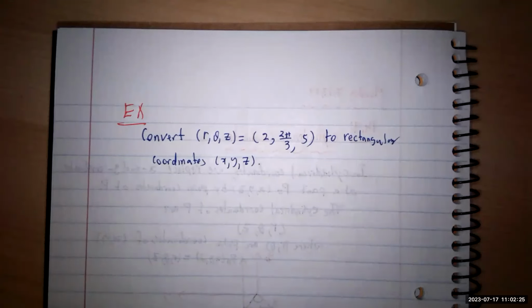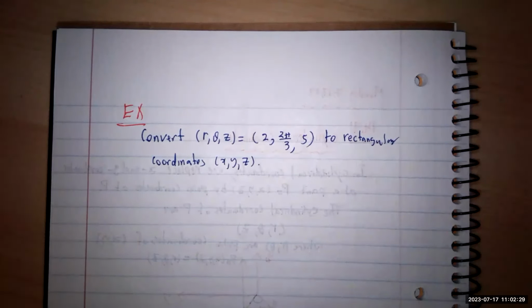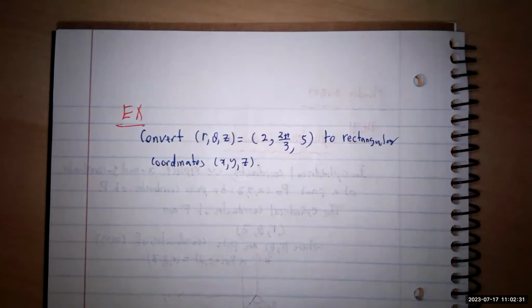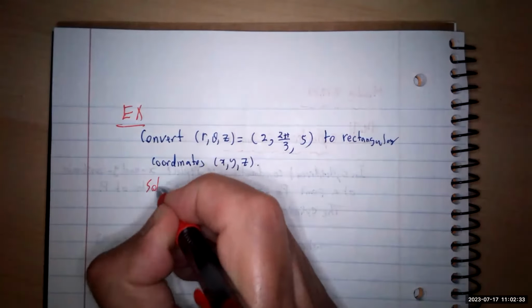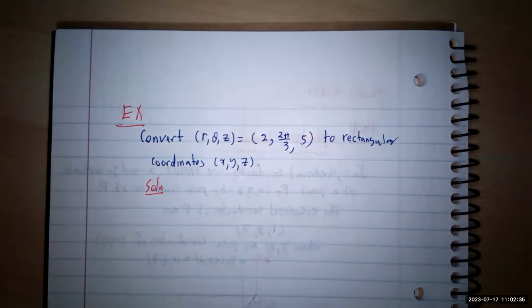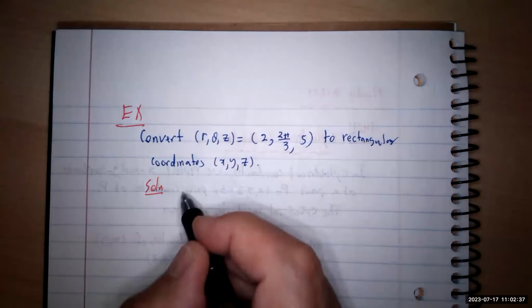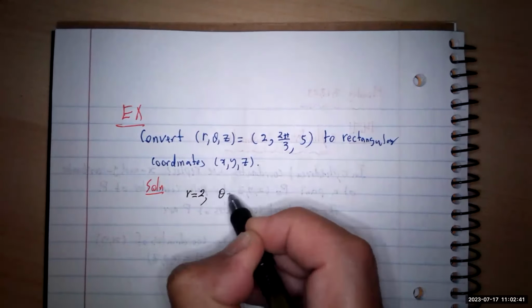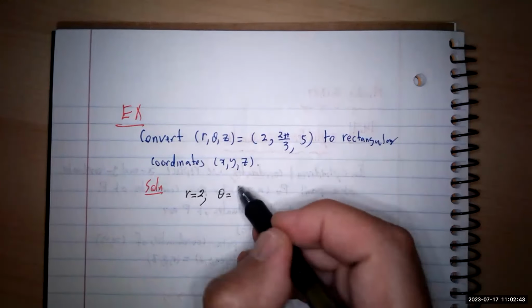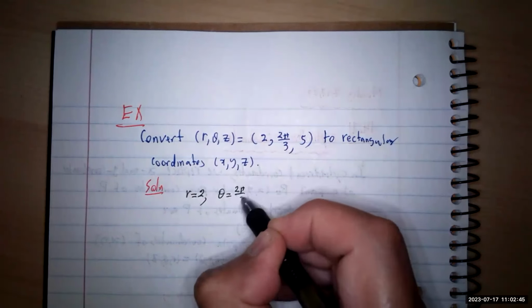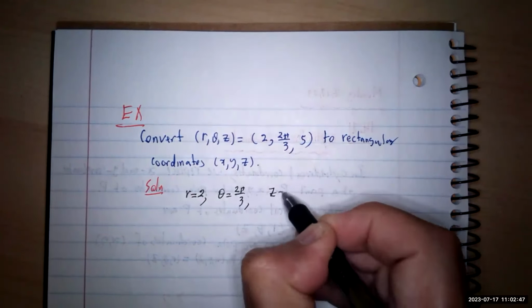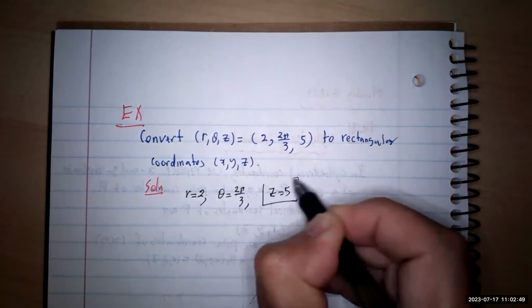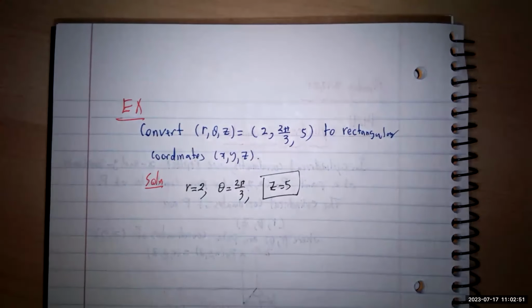Okay, so that's easy because r and theta are given to you. You want just to convert it. So you just note that your given information are that r is equal to 2, theta is equal to 2 pi over 3, and you already got the z. z is equal to 5. So you need to find the x and the y.